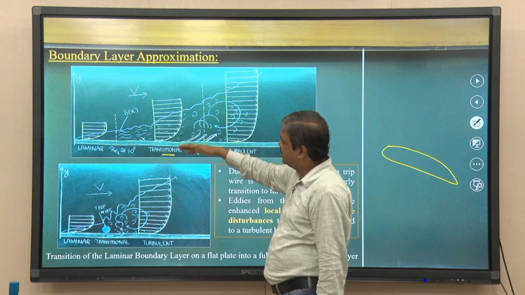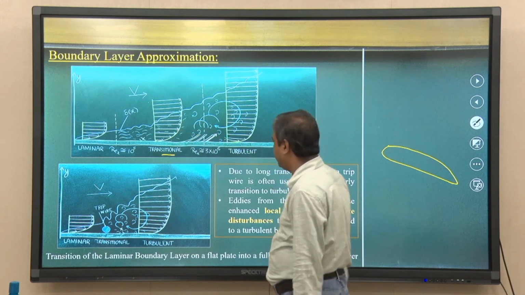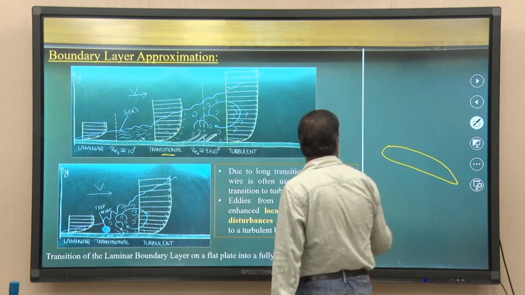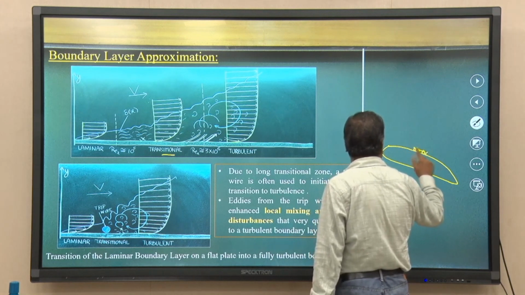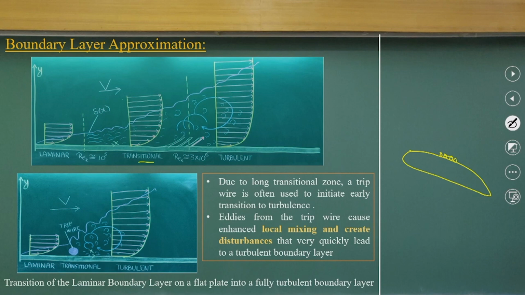To avoid that, many times we put in some sort of artificial roughness, you put trip wires. This is the trip wire we put in to reduce the transitional zones, to make it go from laminar to turbulent zone.